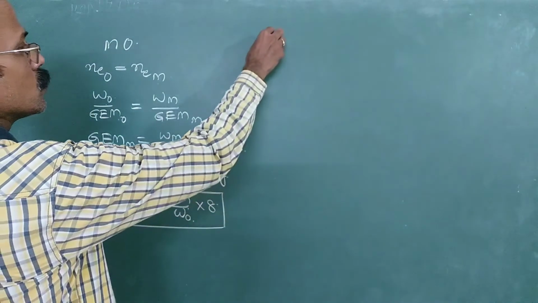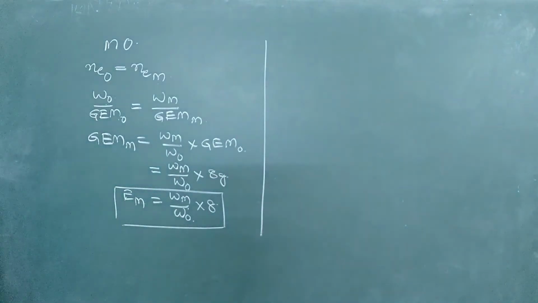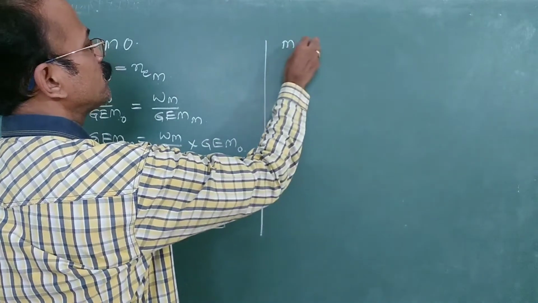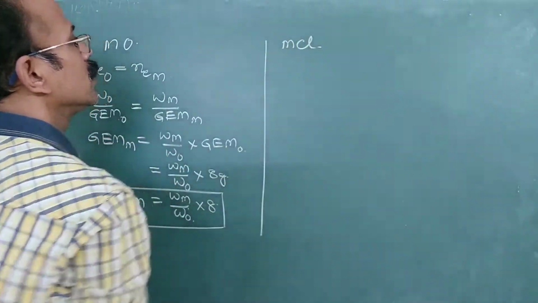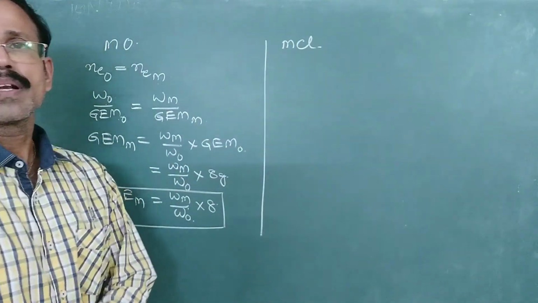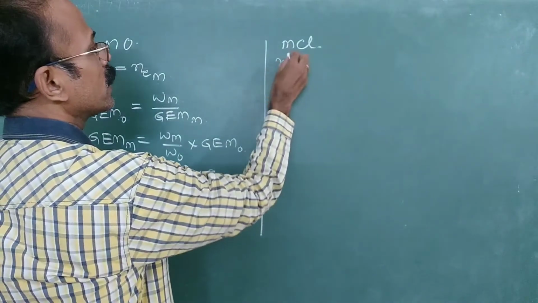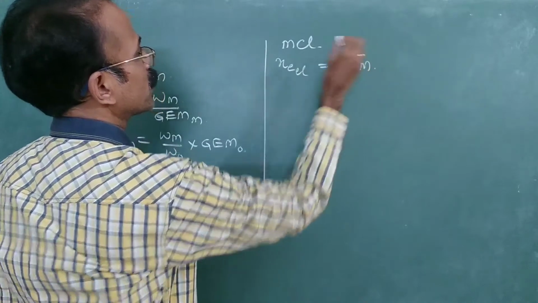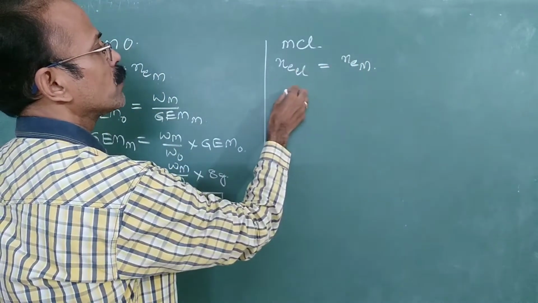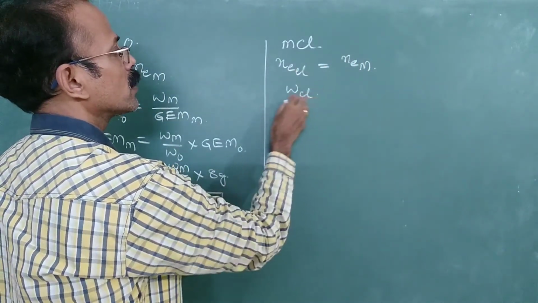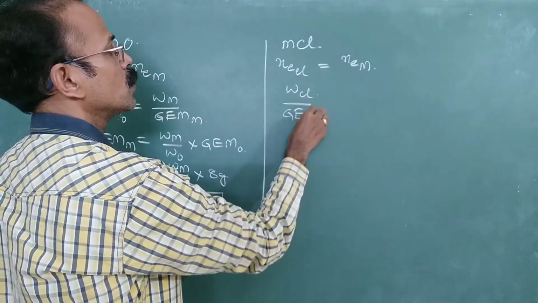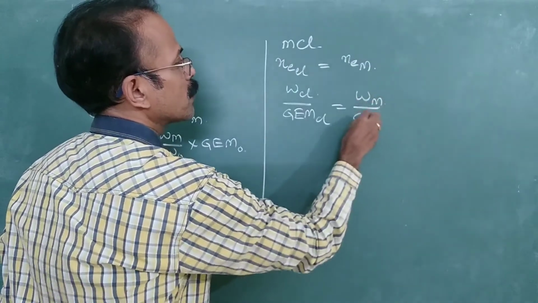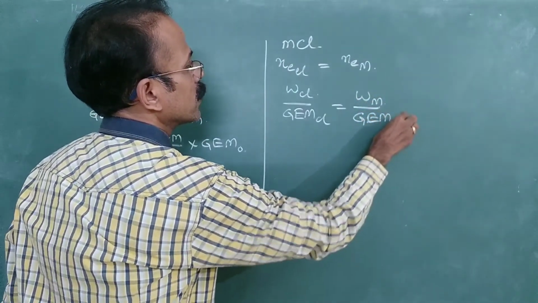So if you consider a halide like MCl, again as per law of chemical equivalence, number of equivalents of chlorine is equal to number of equivalents of the element. For number of equivalents of chlorine, we can write mass of chlorine by gram equivalent mass of chlorine, and here mass of element divided by gram equivalent mass of the element.